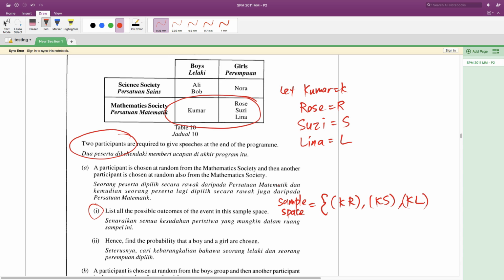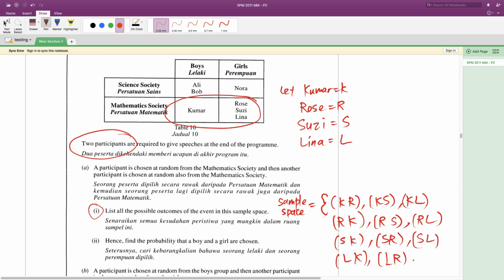Then I will start with R: RK, RS, and RL. If I start with S, this is SK, SR, SL. And then I start with L: LK, LR, and LS.